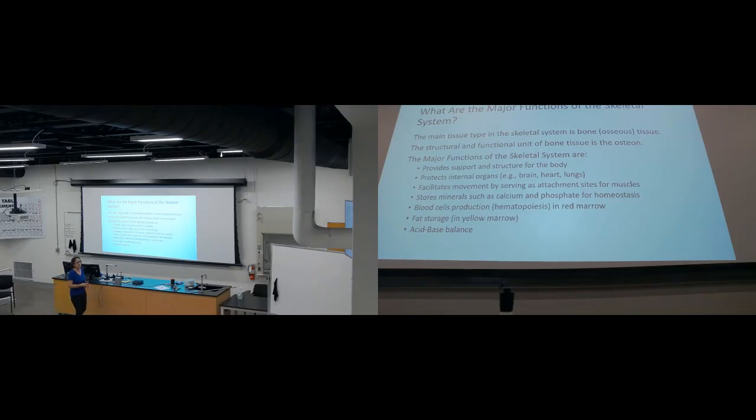So they form a site of attachment for muscles. A major function is to store minerals like calcium, phosphate, and magnesium. These are necessary for contraction of the muscles themselves and for many other functions. We will see calcium's role in many systems.